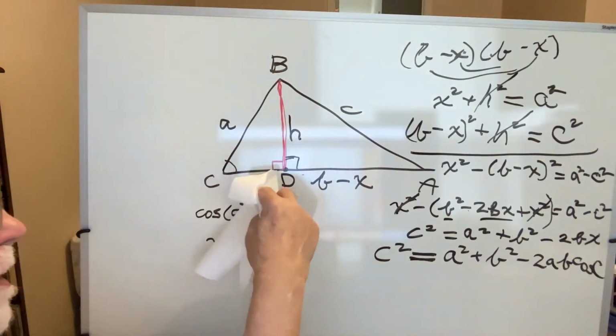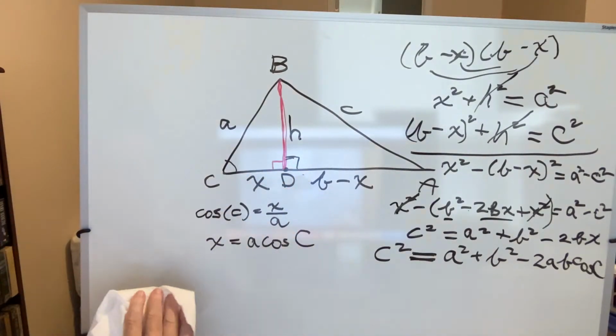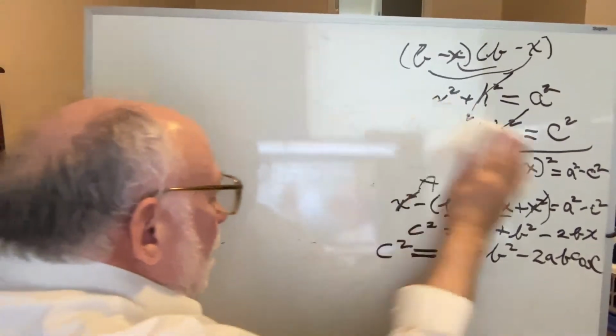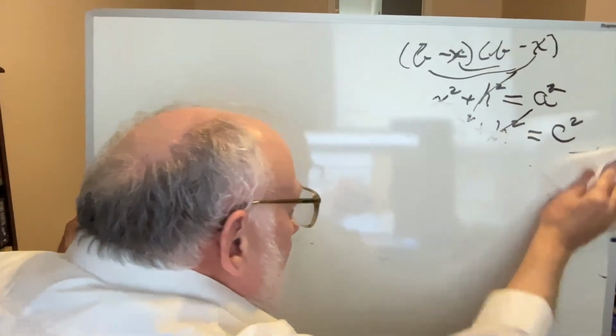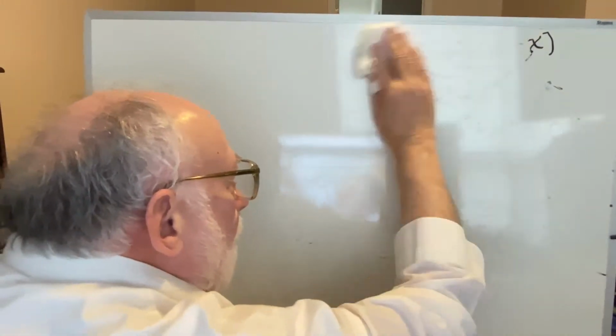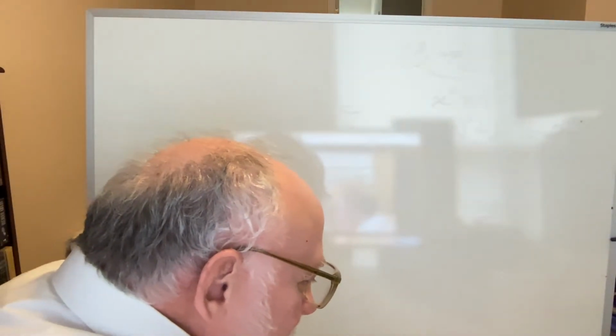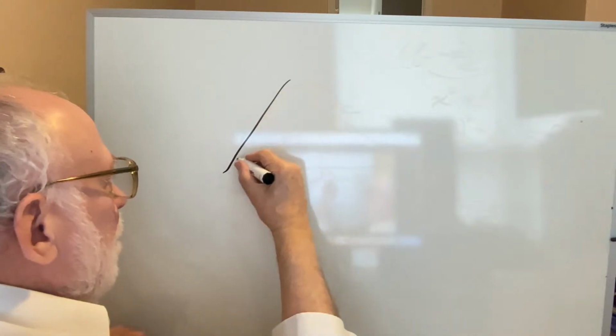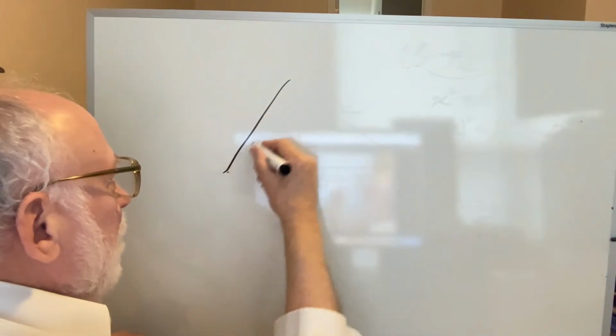Here the altitude fell in the interior of the triangle. But it's possible that the altitude might not fall in the interior of the triangle. So we draw another diagram.